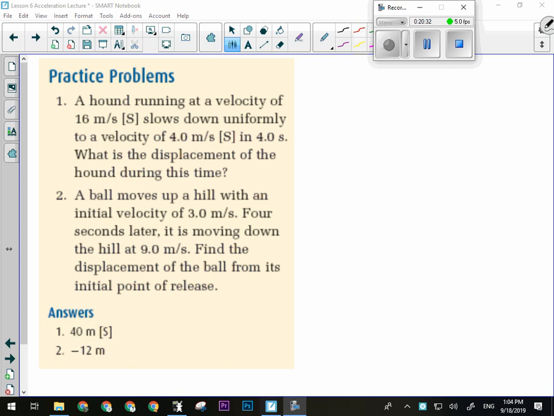So for number 2, I have a ball that's moving up a hill with an initial velocity of 3 meters per second. So VI is 3.0 meters per second up, uphill, to be more specific. Four seconds later, and this is an important point: they wrote 4 seconds as a word.